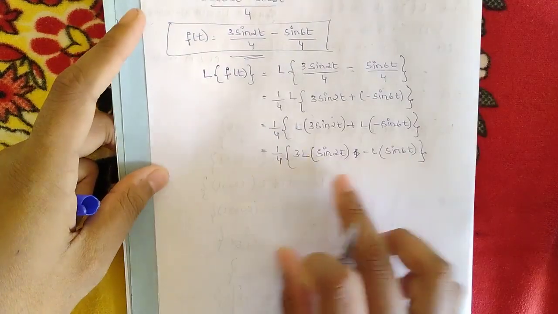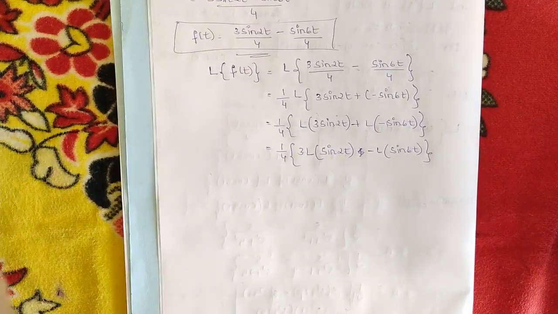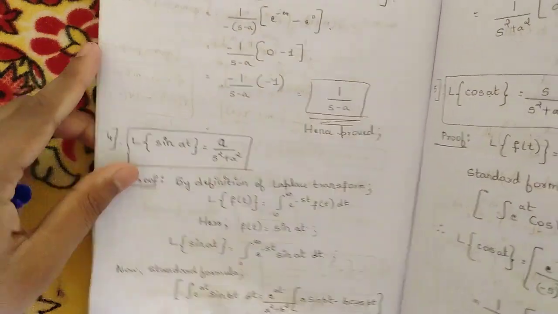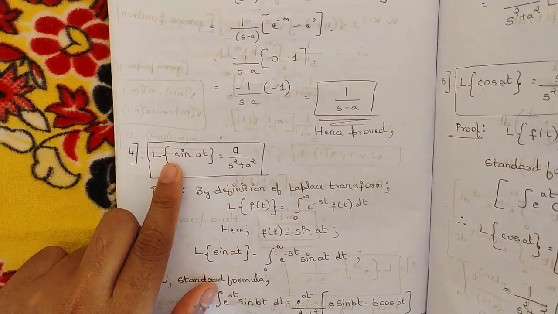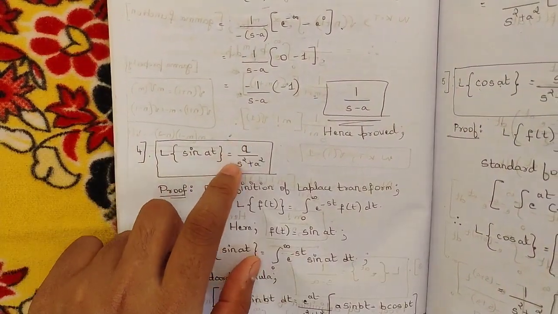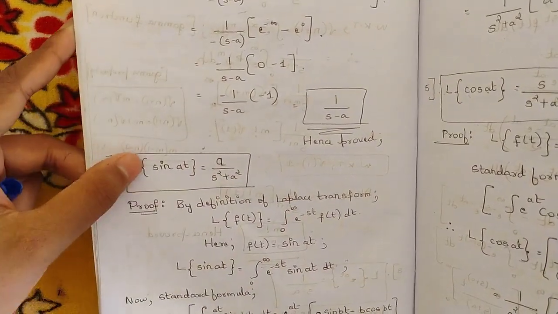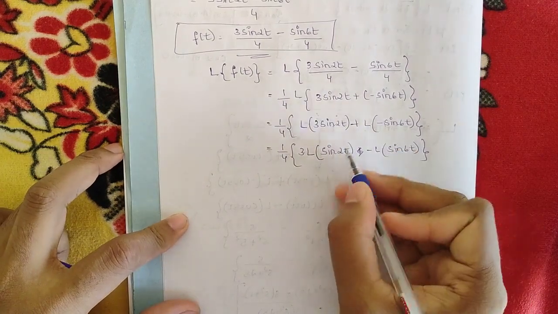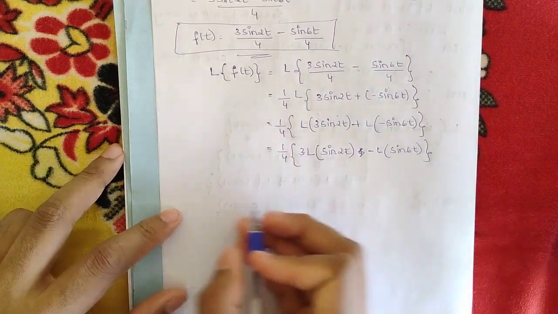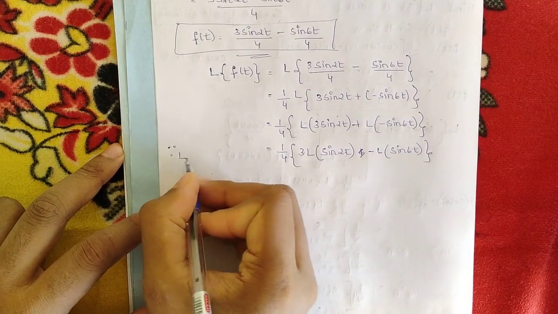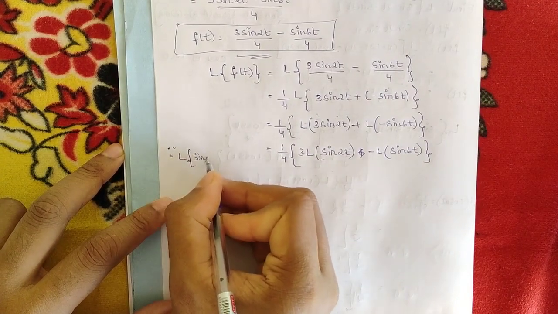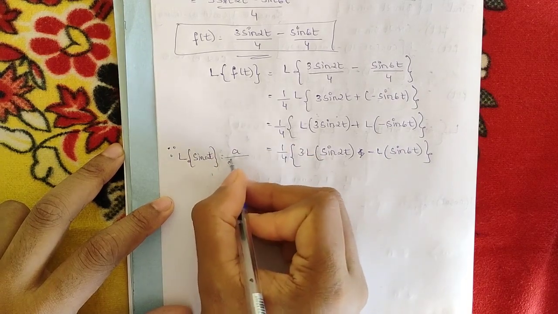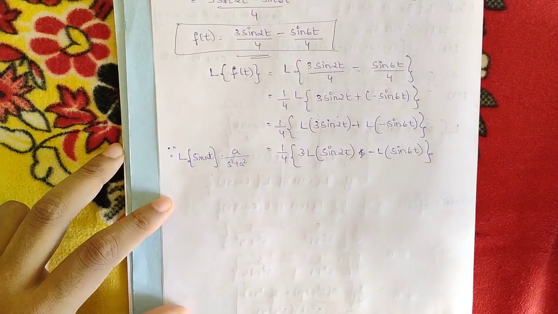Now according to the fourth elementary function which I have discussed, the Laplace transform of sine at is given by a divided by s square plus a square. So we are going to apply this now for sine 2t as well as sine 6t. In place of a we have 2 and 6.